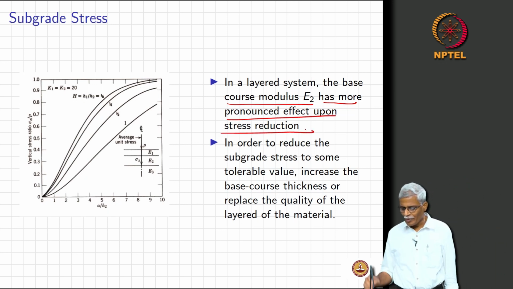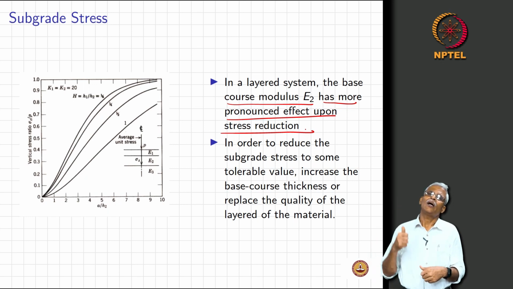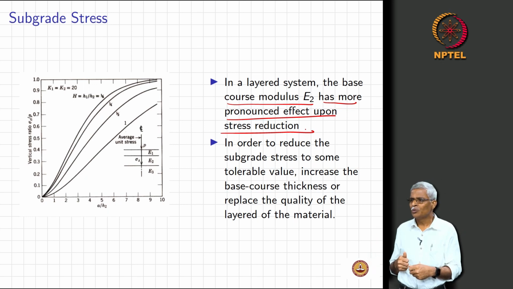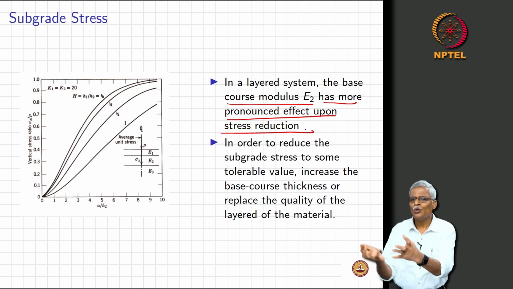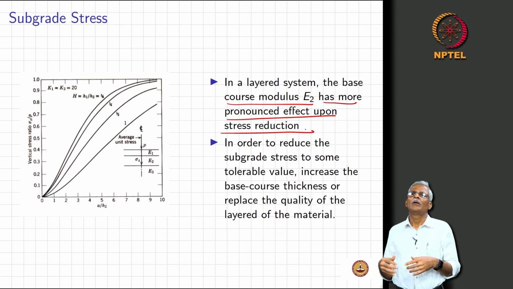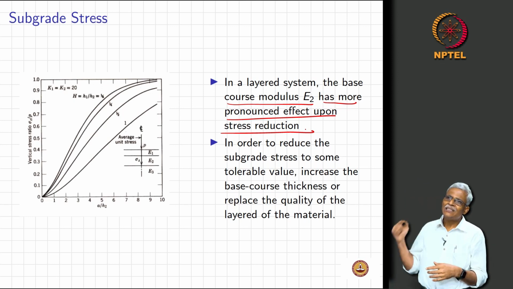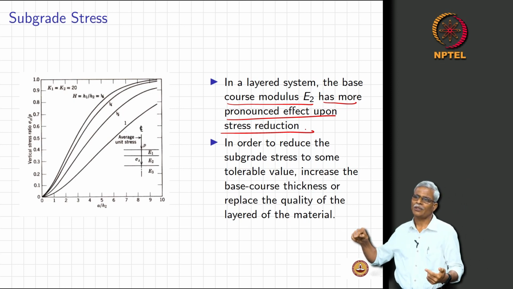So now you are debating, should I increase the second layer thickness or should I increase the modulus value? If I have to increase the modulus value, you need to use new, slightly expensive material. But if you do not change the material and only increase the thickness, there is a cost associated with that.